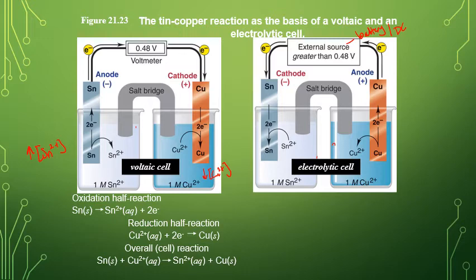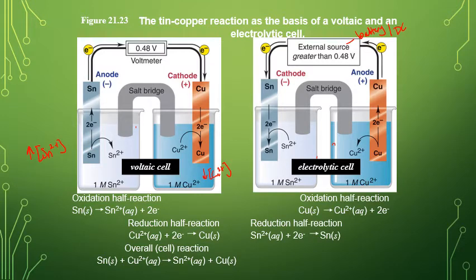As that process takes place, the electrons will flow through the copper anode and go back towards the power source. So you still have the flow of the electrons from the anode to the cathode, but we're flipping the signs on those electrodes. Looking at the half reactions for that electrolytic cell, the oxidation half reaction is the copper being oxidized into Cu2+ and 2 electrons.